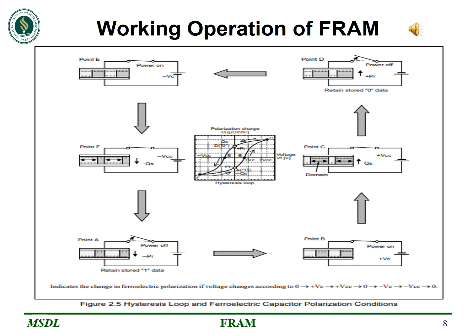When applying voltage from 0 to plus Vcc, the polarization state changes around the loop from point A, B, C. In addition, when the applied voltage is from 0 to minus Vcc, the state changes from D, E, F, while on the other side, when voltage is applied in the opposite direction, from plus or minus Vcc to 0, the state changes from C to D and F to A respectively.